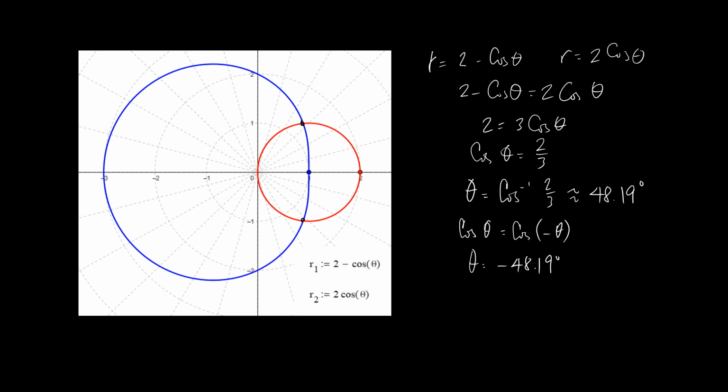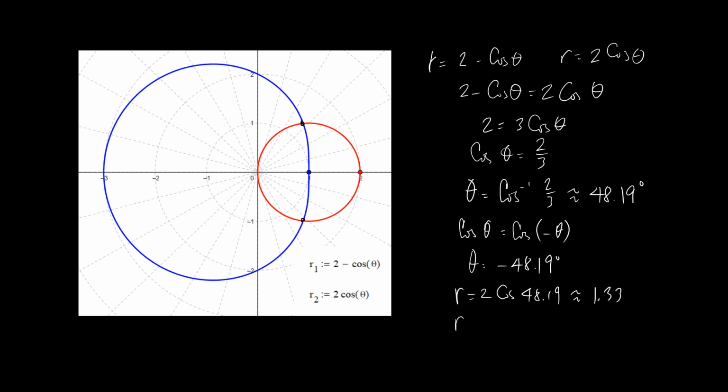And we can check that by substituting these angles to theta for both polar equations. r equal to 2 minus cosine of 48.19, which is about 1.33.